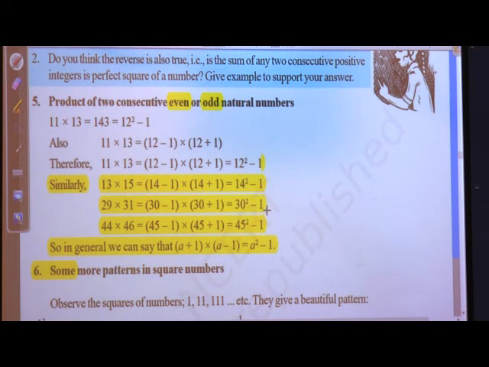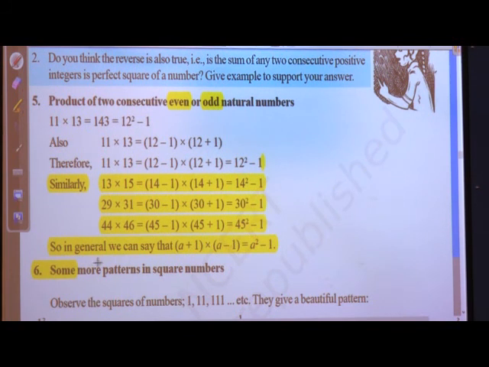Now, 44 into 46: 44 is an even number and 46 is an even number. Both are consecutive even natural numbers. How to get the answer? (45 minus 1) into (45 plus 1) is equal to 45 squared minus 1.